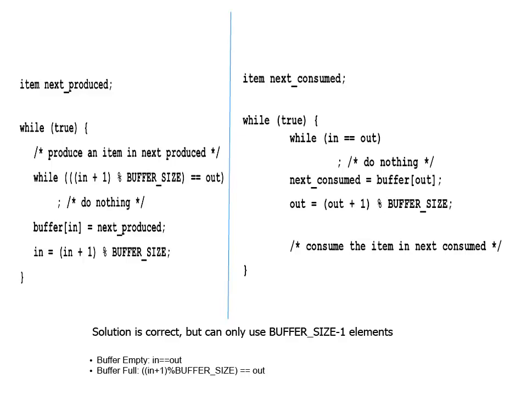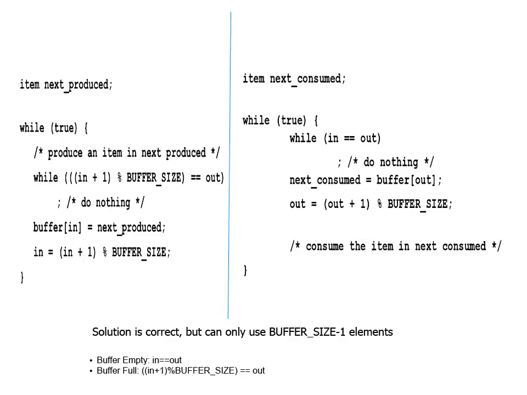So it says, okay, I can produce. The item next_produced will be stored in buffer position 0. And then in plus 1, which is 1, modulo buffer size 10 equals 1. So 1 will be assigned to in, and in is updated to be 1.